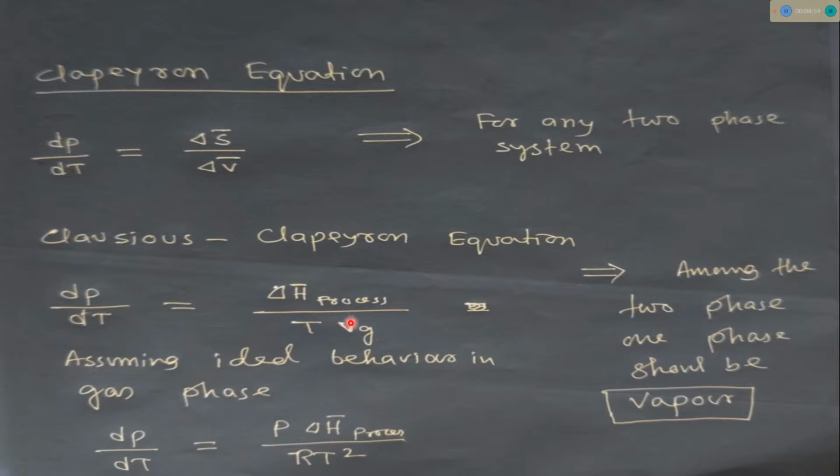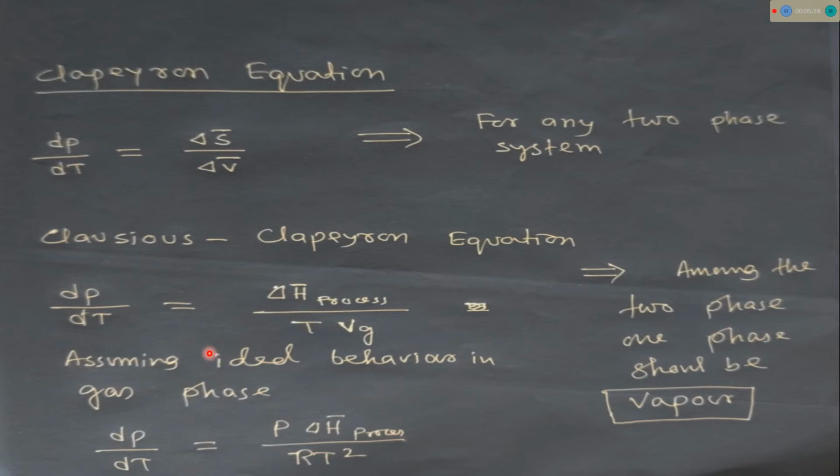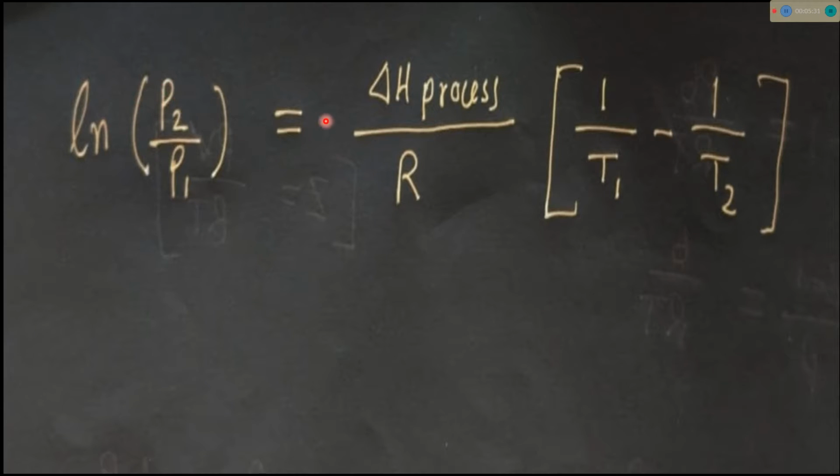If we assume that the gaseous phase among these two equilibrium phases behaves as ideal, then we can write V gas equal to RT by P. Then P goes to the numerator. Now if we write dP upon P, then dT goes to this side, and if we use proper limits and integrate, we get ln P2 upon P1 equal to delta H process, whether sublimation or vaporization, upon R.